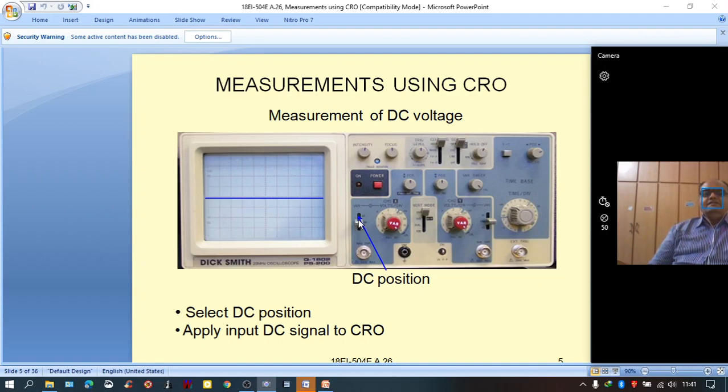As long as the switch is in ground position, you see a straight line at the center of the screen. Once DC voltage is applied and the switch is changed to DC position, that is DC measurement position, the straight line at the center of the screen will move up by a certain distance depending upon the amplitude of the applied DC voltage.